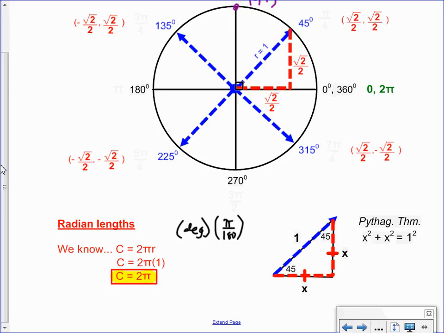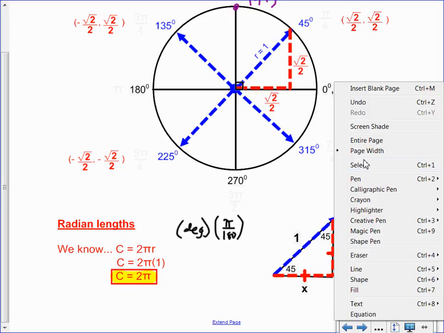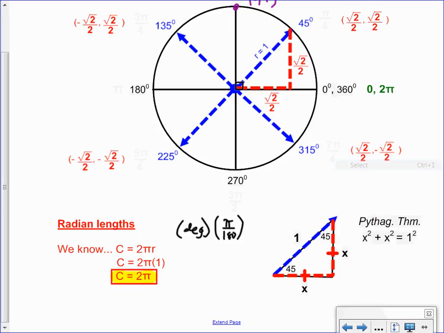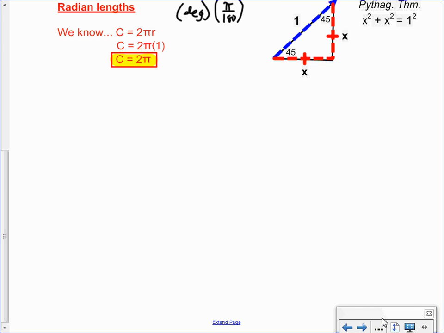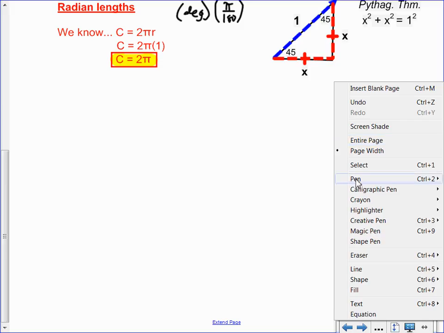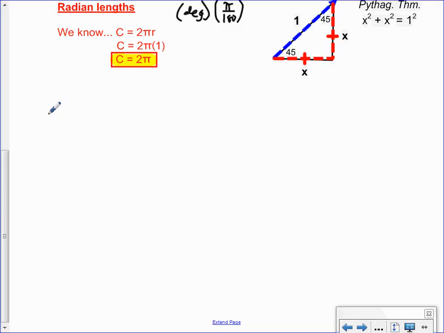That's it. So, for example, if you want to convert 45 degrees to radians, 45 degrees times pi over 180 reduces down to, keep it in pi, how many times does 45 go into 180? 4 times.